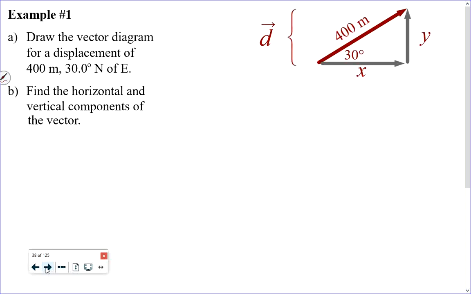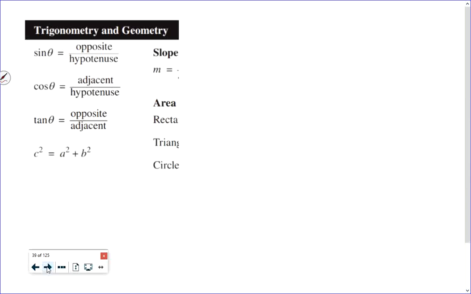Things get messy. And the reason for that is when you take a look at that 30-degree angle and where x is adjacent to it. And if the angle is against the horizontal, x will always be adjacent to the angle. So when we take a look at our formula sheet, we've got cosine is adjacent over hypotenuse, sine is opposite over hypotenuse.